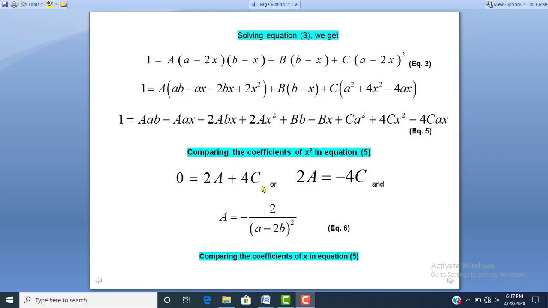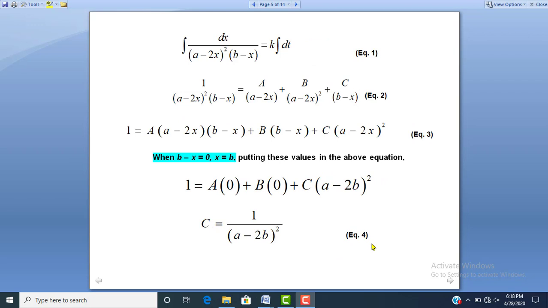So according to equation number 5, if we compare the coefficients of x square, then 2a plus 4c will be equal to 0, or 2a will be equal to minus 4c. For simplicity, if we separate the value of a, then a will be equal to minus 2c, over a minus 2b square. This is equation number 6. So dear students, from equation number 6 we will get the value of a, and from equation number 4 we will get the value of c.